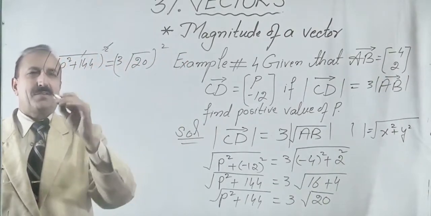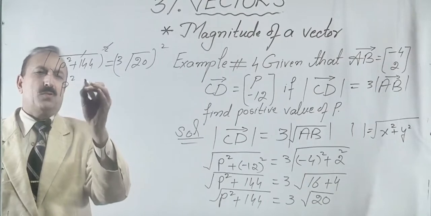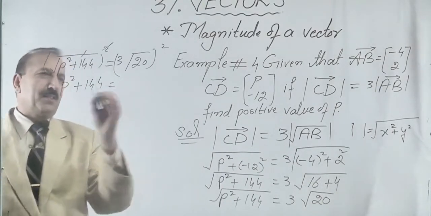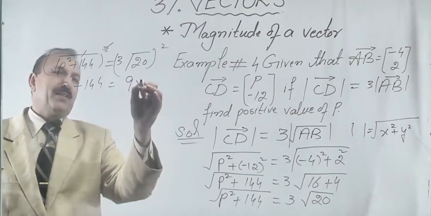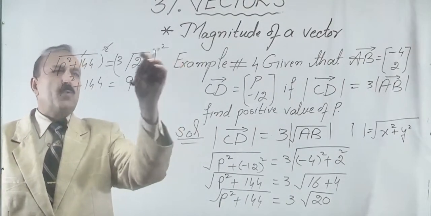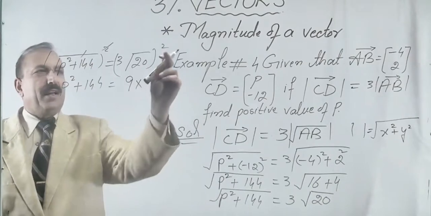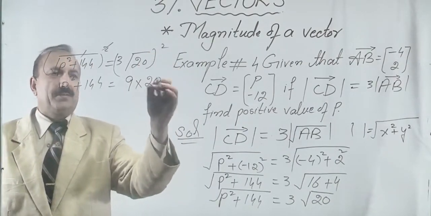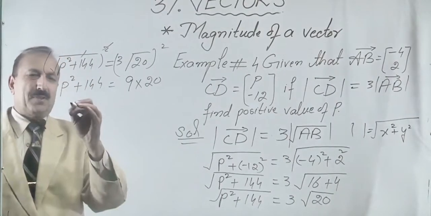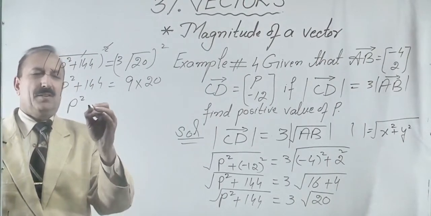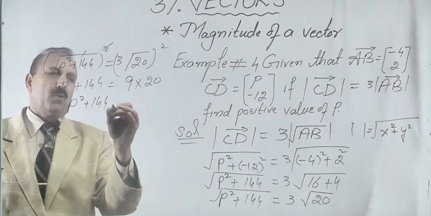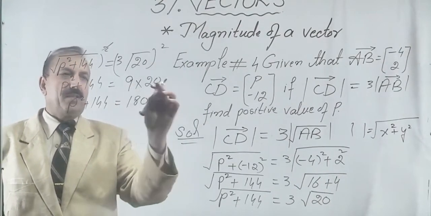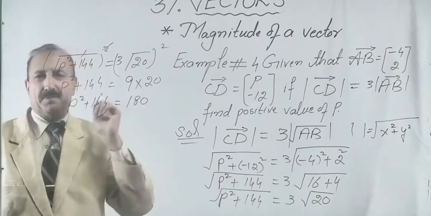The square and the root cancel, and this is P square plus 144, and this is equal to 9 times 20. When the square operates on 3, this will become 9, and on the other side the square cancels with the square root. We get 20 here. Let's further simplify. This is P square plus 144, which is equal to 180. 9 times 0 is 0, 9 times 2 is 18.